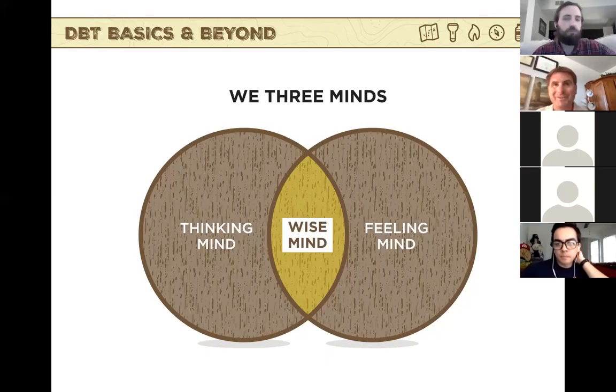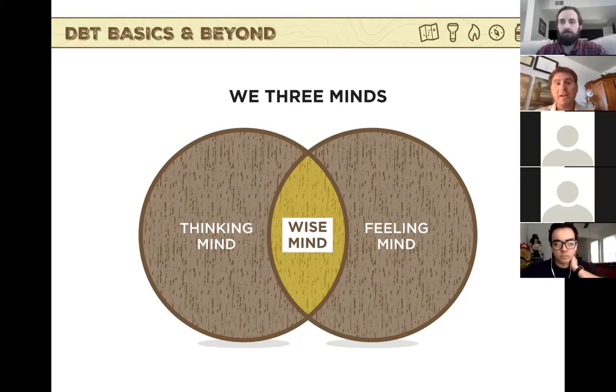That it is not reasonable, or it's not rational. And that actually feeds into the bias we have in our culture of overvaluing the cognitive part of our brain and devaluing the rest. Because as we know, our thoughts can also be very irrational and very unreasonable. So that's why I don't like calling the thinking part of the brain the rational mind or the reason mind. It's simply the thinking mind.